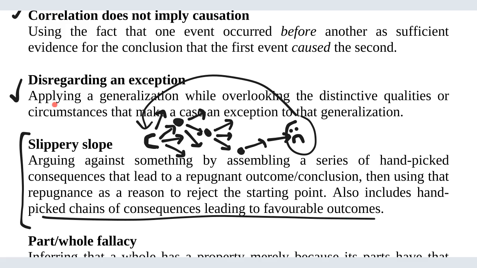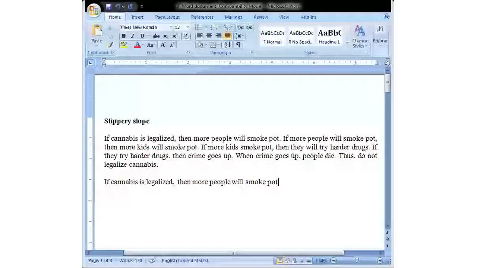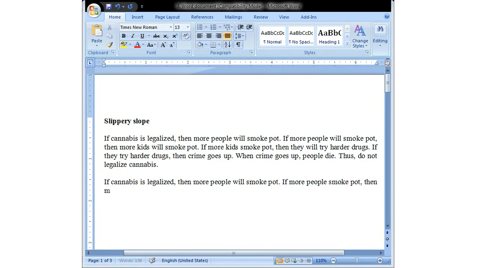We rarely talk about slippery slopes leading to favorable outcomes, but I'm going to give you a version of it. Imagine I say if cannabis is legalized, then more people will smoke pot. If more people smoke pot, then more minds will be opened to new experiences.